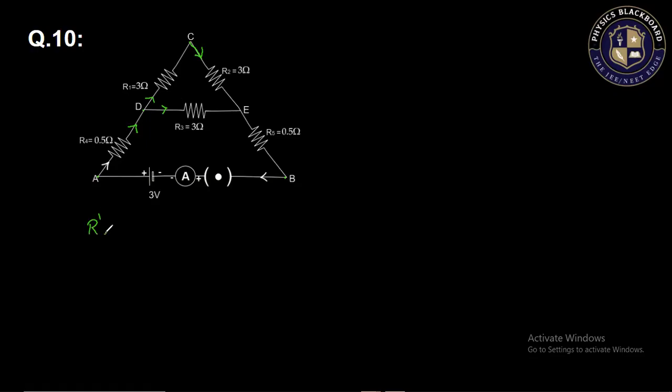Let's say R dash equivalent is equal to R1 plus R2. What will you get? 3 plus 3, 6 ohms. Now, if you redraw this, okay, let's say this is R dash and this is R3.